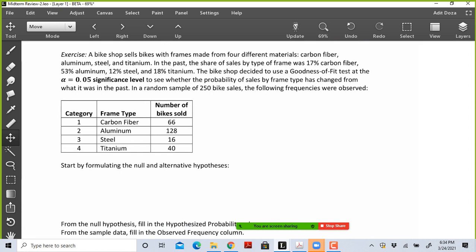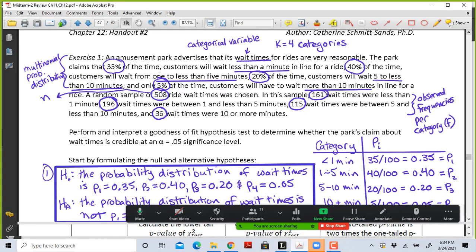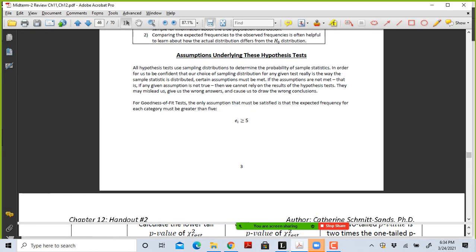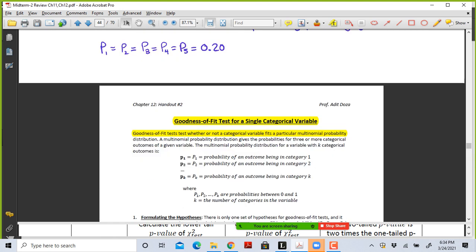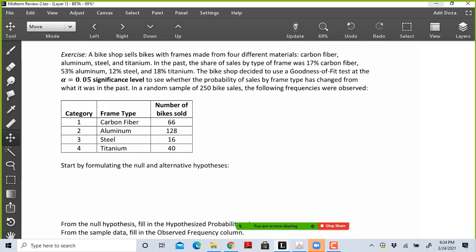Let's do that problem. A bike shop sells bikes with frames made from 4 different materials. So this is actually the goodness of fit test. Okay, so this is from chapter 12, goodness of fit test for single categorical variable.